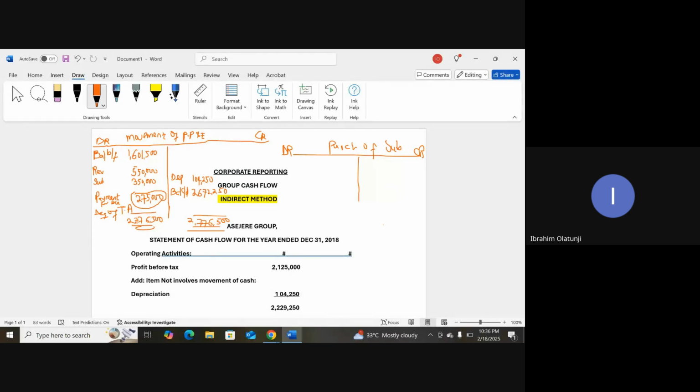So the purchase consideration, the cash. You paid cash of 50,000. Cash paid, 50,000. Then net assets.